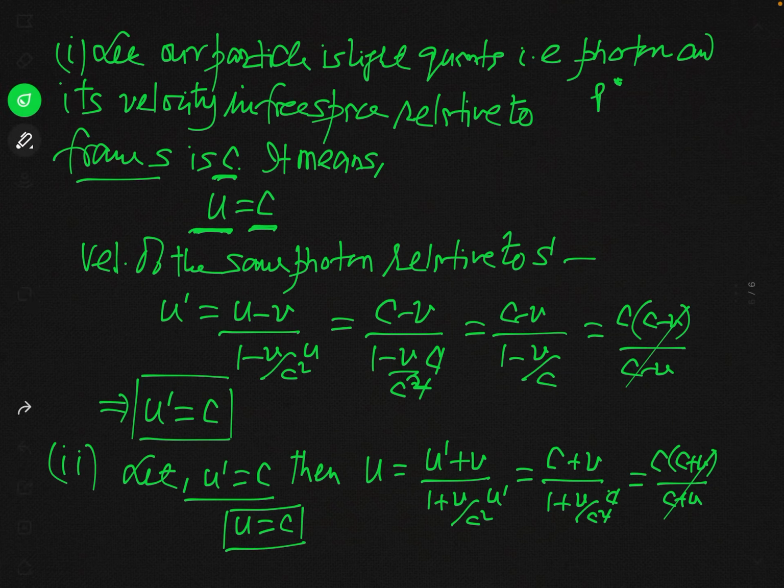Now, I have told you earlier that whenever we impose the condition of classical limit on any relativistic formula or any relativistic result, that result transforms into its equivalent classical result.